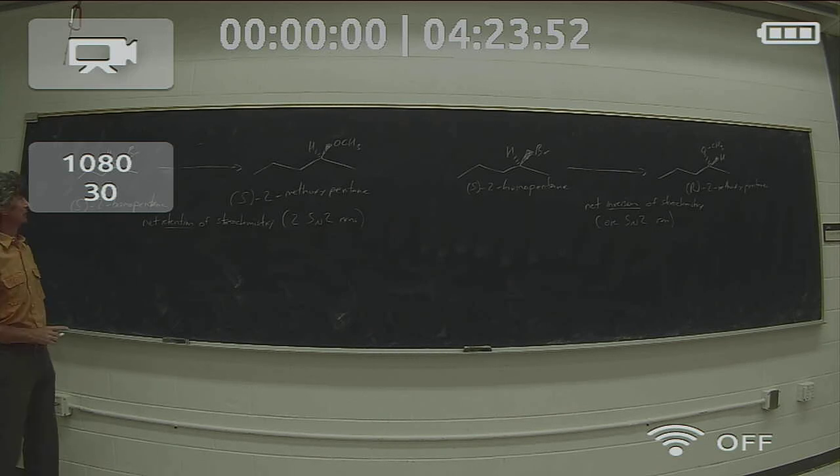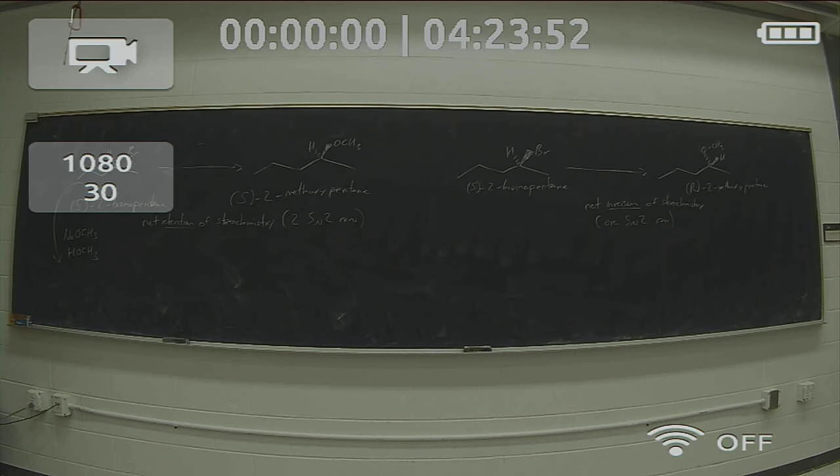One could imagine simply trying to displace the bromide with the methoxide ion by treating this with sodium methoxide and methanol. But the problem with that is the secondary alkyl bromide is hindered enough to slow down the SN2 reaction without slowing down the corresponding E2 reaction.